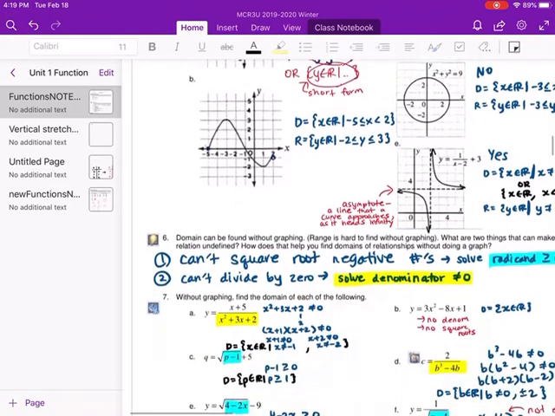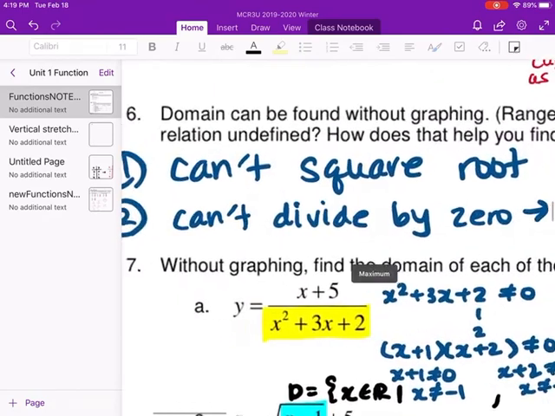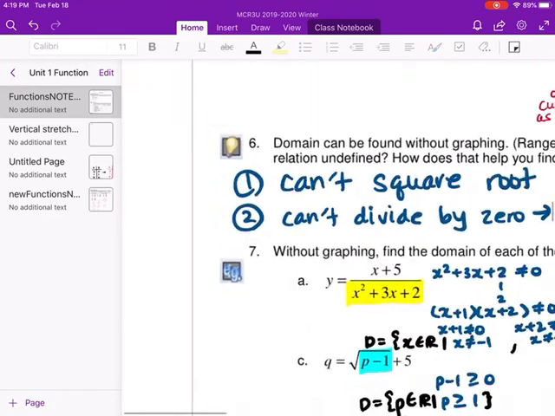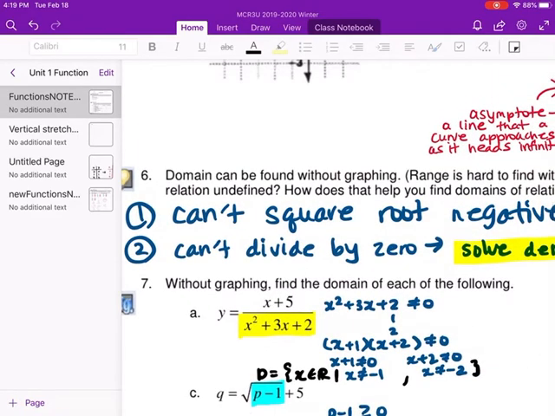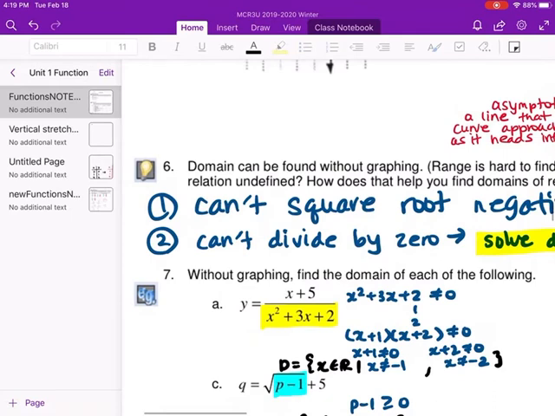So for question A, we notice that there's a denominator. There is no square root. And I need to find out when that denominator can't equal 0. Well, I really need to find out when it does equal 0. And so I'm going to set that up and factor it.